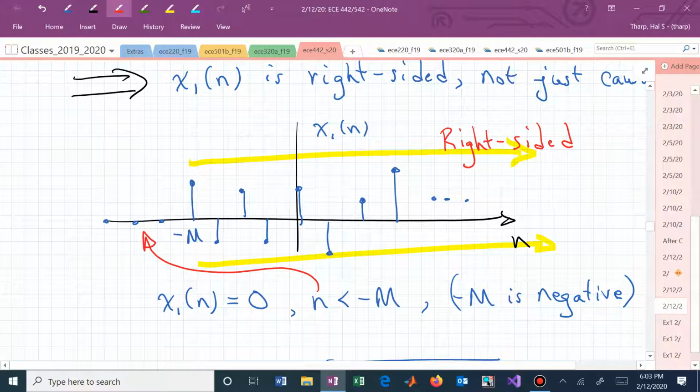They're the n that are less than minus m, where minus m is negative. So maybe minus capital M is minus 12.